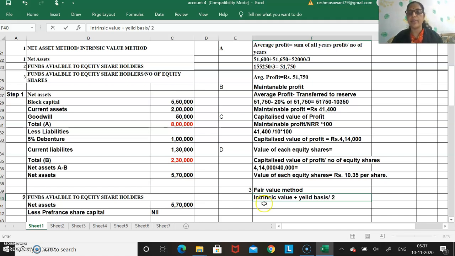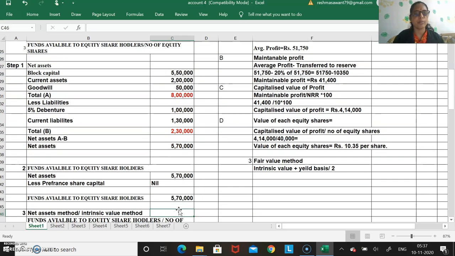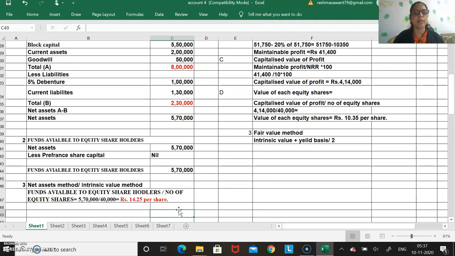So you can say fair value method is an average of intrinsic value and yield basis method. The valuation of share according to first method, that is the net asset method, is 14.25 per share.